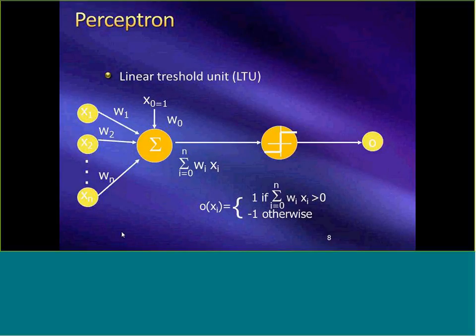Then this passes to a function, which can be different. In this case, it is the simple sign function, which gives 1 or -1 according to the result of the summation, and that gives you the output. You see, a very simple model, but let's see what you can achieve with this.